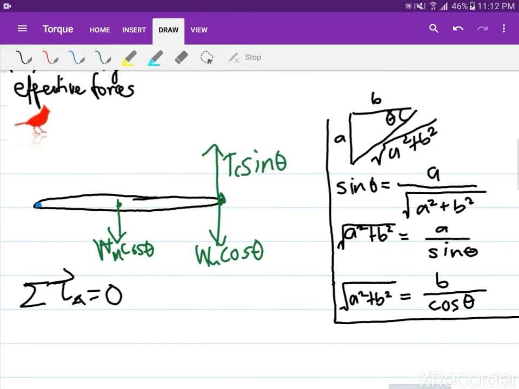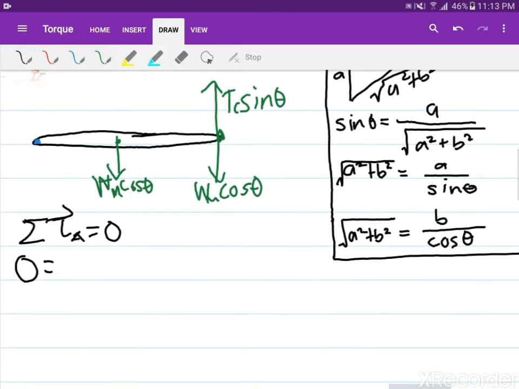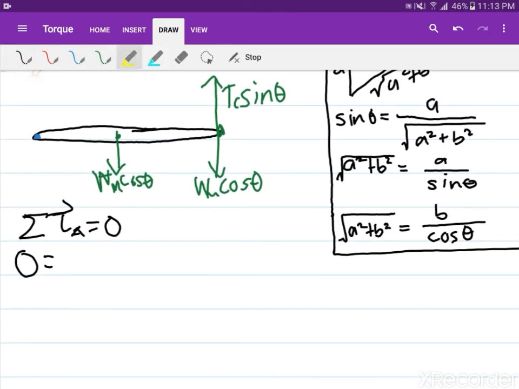All these forces cause a net torque of 0. So 0 equals, now this component of force causes a rotation about A in this direction. So this will have a negative torque. So we say that this is Wm cosine theta times the lever arm.